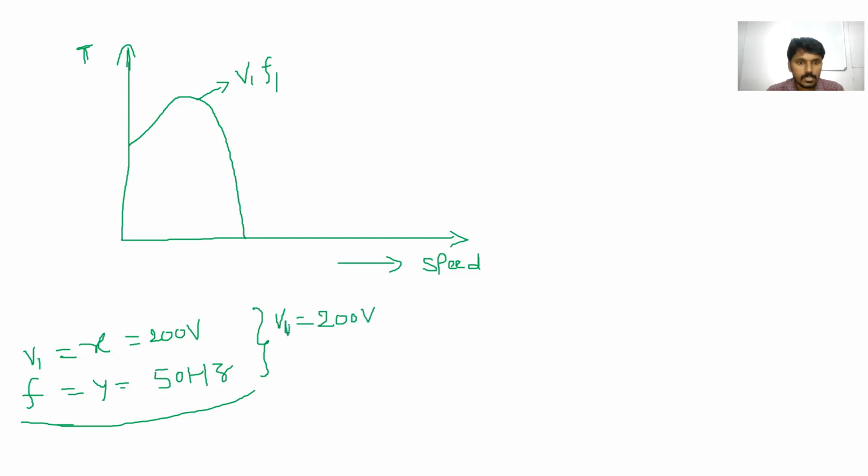Now I am increasing the frequency. F1 increases from 50 hertz to, for example, 75 or 100 hertz, whatever, take one value.